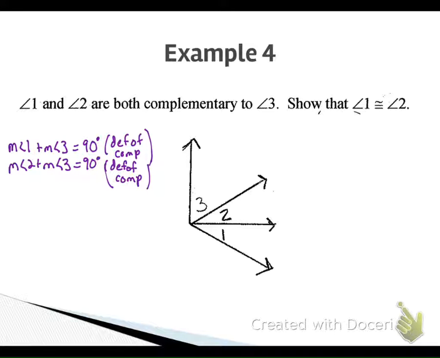Since they both are equal to 90 degrees, we can rewrite it as the measure of angle 1 plus the measure of angle 3 equals the measure of angle 2 plus the measure of angle 3. And we did this by substituting.